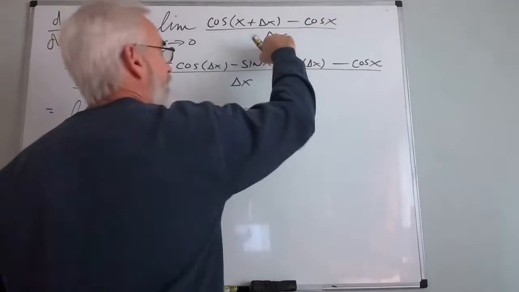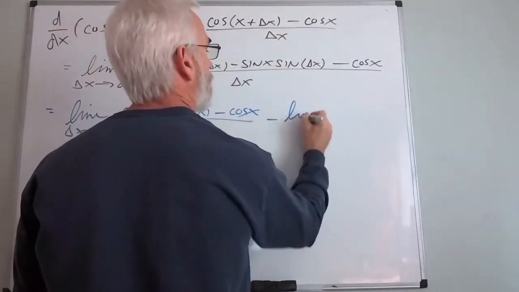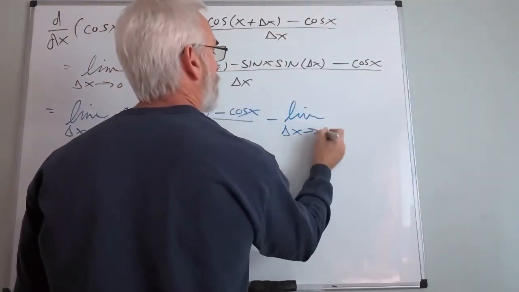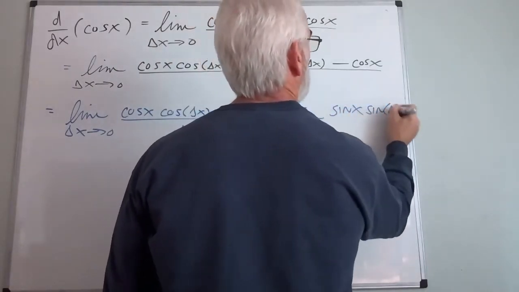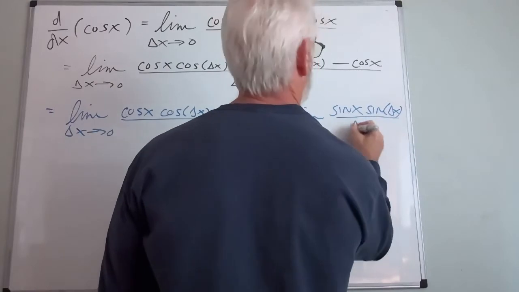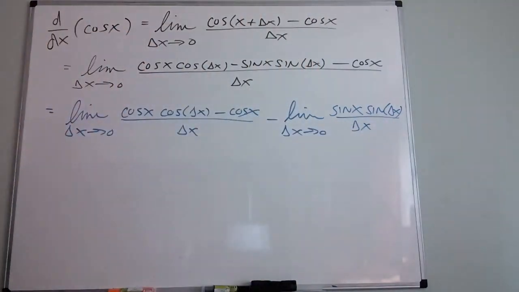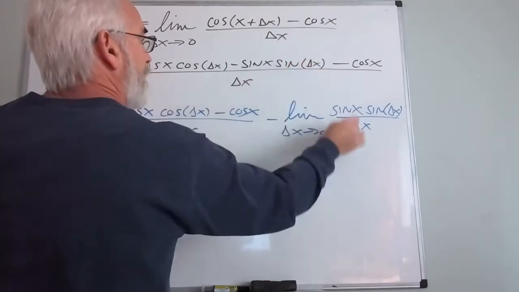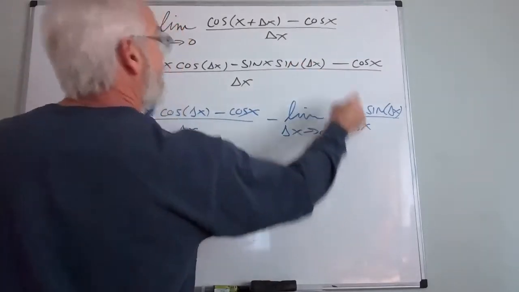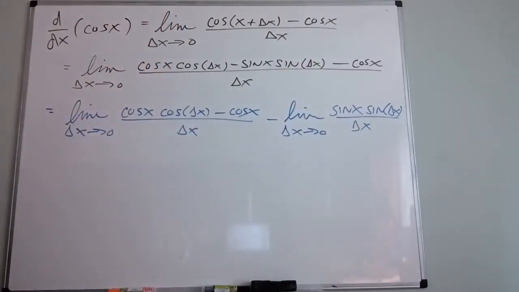And then the second piece being this. Okay, again, I haven't done any calculus yet. If I cover up the word limit, is this quotient equal to this? Yes, by a trig identity. Is this equal to this? Yes, because that plus that gets me back to here. Okay, so I know what I'm doing so far is working.